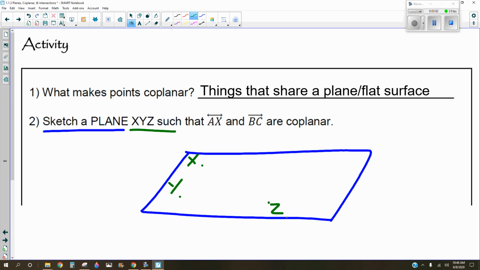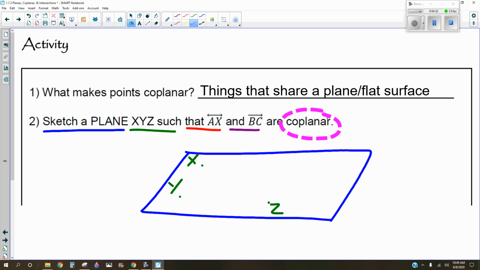Okay, now it wants me to have line AX. Well, I've got an X, but I don't have an A. So I'm going to have to throw an A on my picture now. So it goes with the X. Okay? And then I need to do another one and call it ray BC. Now what's important here is they all want it to be coplanar, which means everything I draw needs to be on the plane.